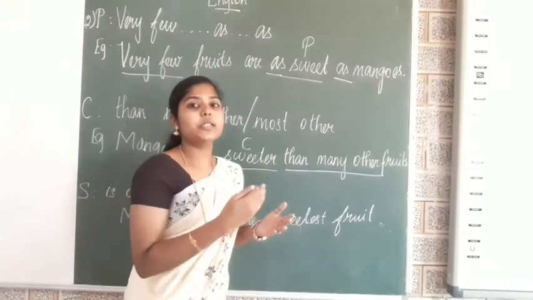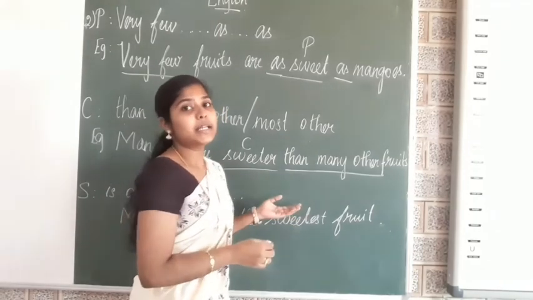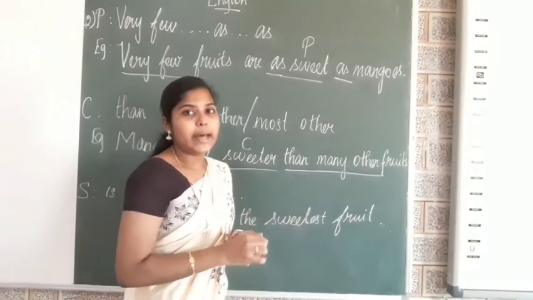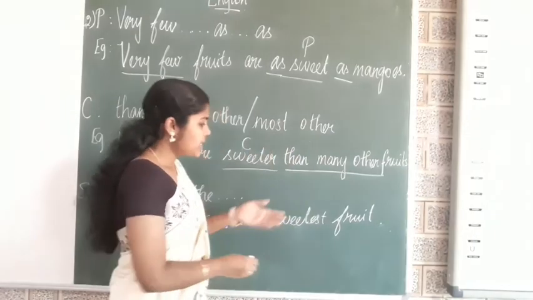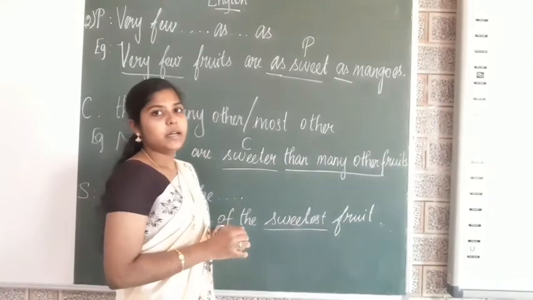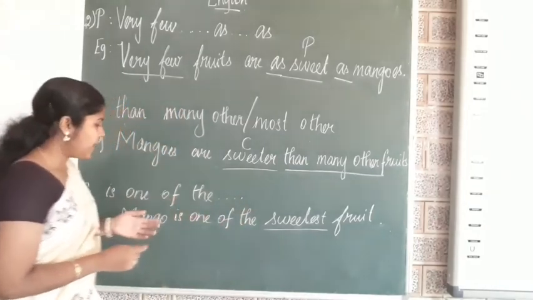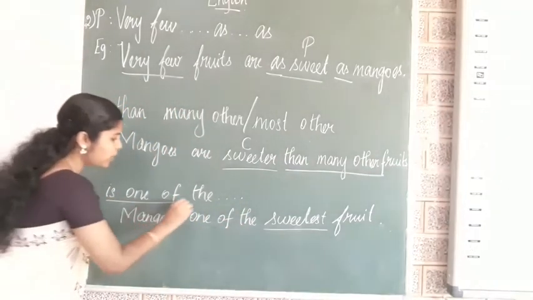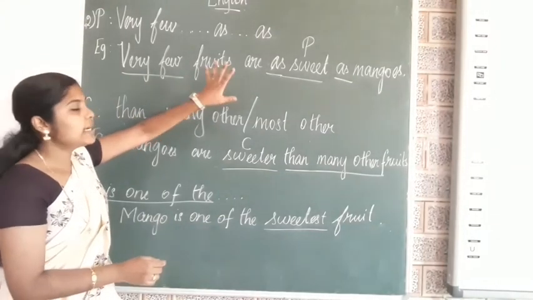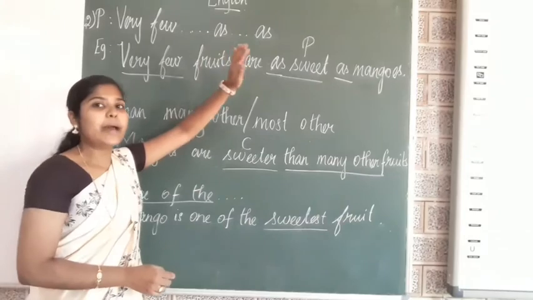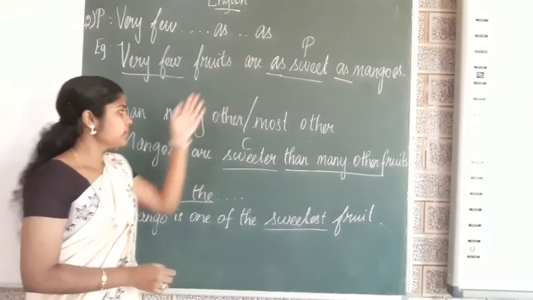Then what will be the superlative form of the adjective sweet? Very good. It is sweetest. Sweet, sweeter and sweetest. For superlative degree we have to write is one of them. Very few fruits, here we are saying to the maximum level, not on the whole.